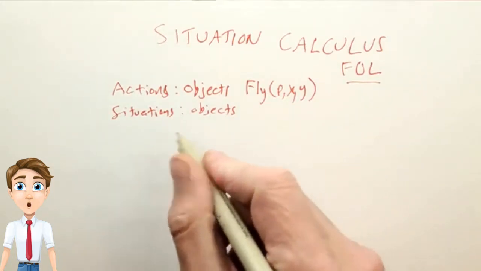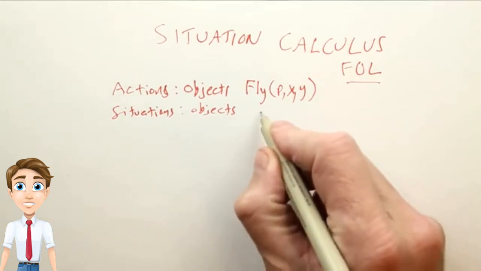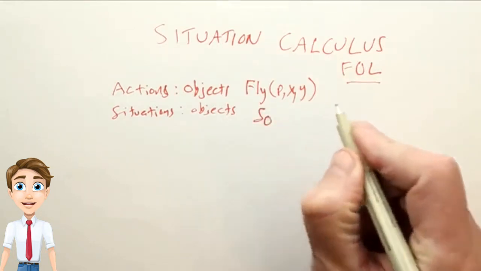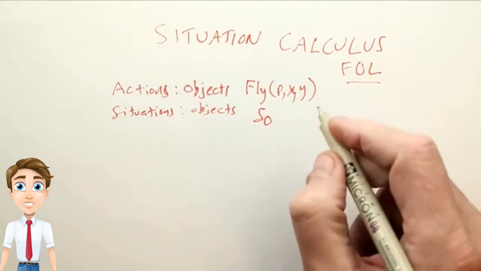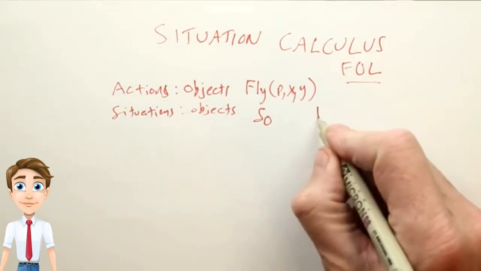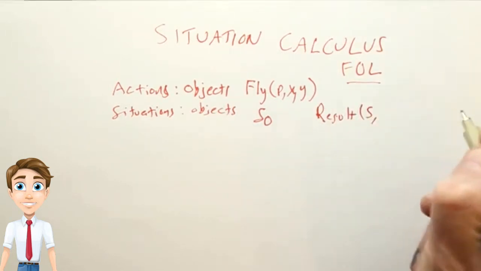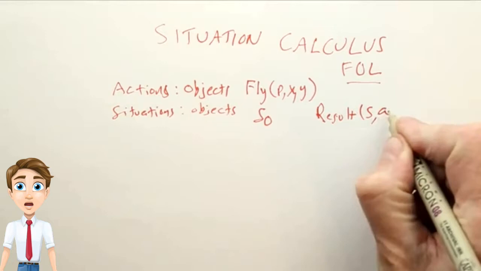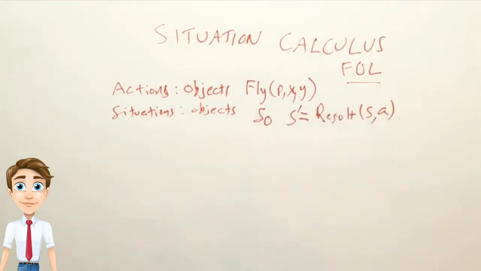We describe situations by objects, so we usually have an initial situation, often called S0, and then we have a function on situations called result. So the result of a situation object and an action object is equal to another situation.